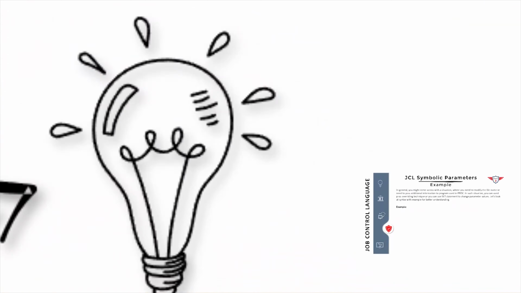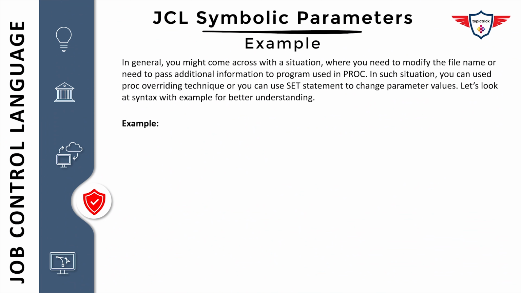So in general, you might have come across a situation where you need to modify the file name or you need to pass additional information to the program which is used in a proc. In such a situation, if you do not have symbolic parameters in your proc, then you have to use the proc overriding technique to modify the file name or to pass the additional information to your program.